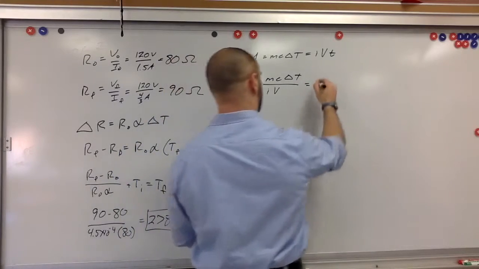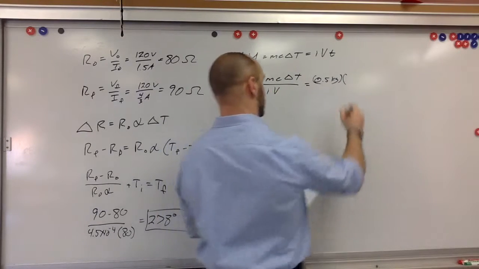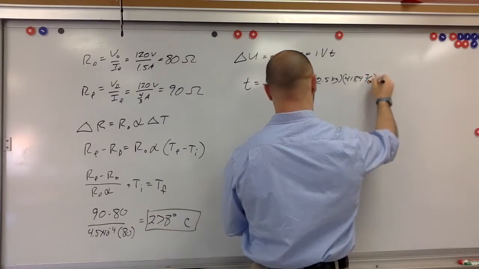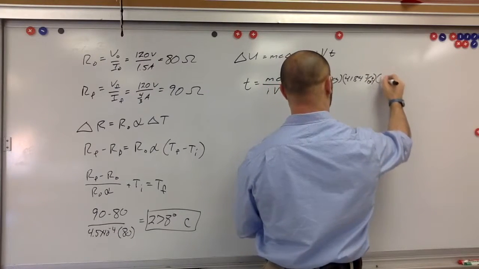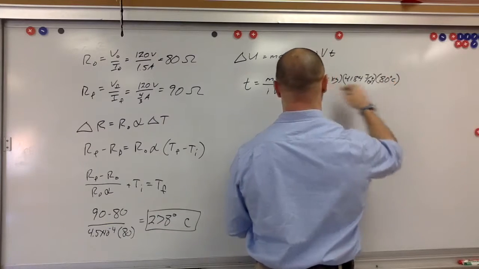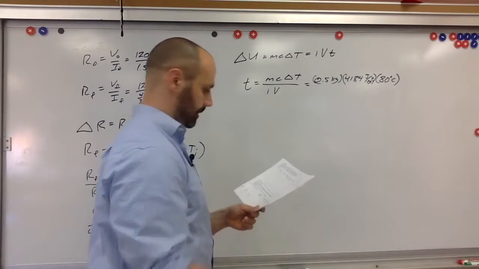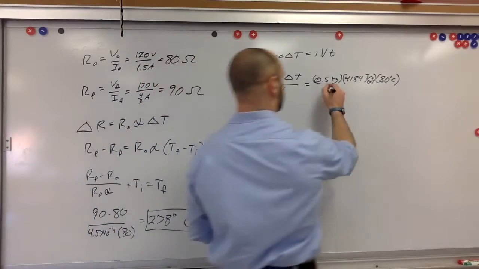So the mass is half a kilogram. We're talking about liquid water, so 4184 joules per kilogram degree Celsius, and then times 80 degrees Celsius. So that's the change in temperature, right? To go from 20 degrees Celsius to 100 degrees Celsius, that's the delta T.